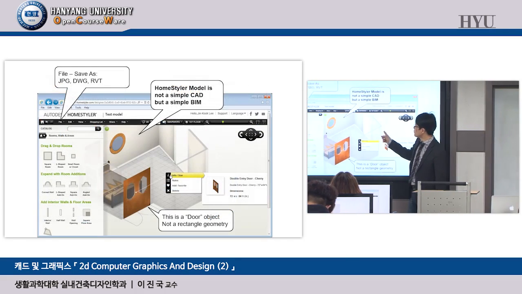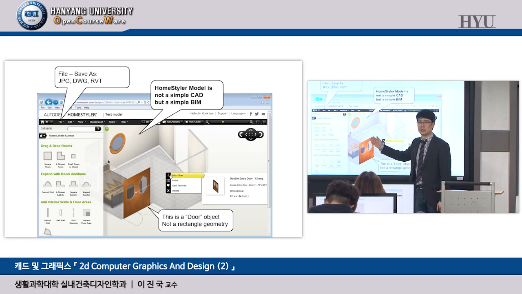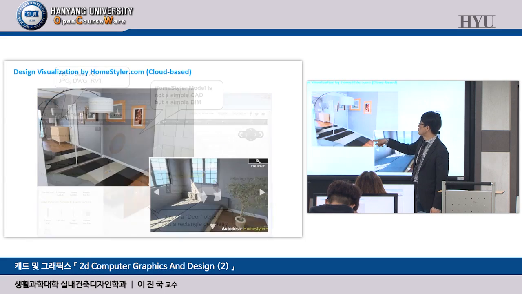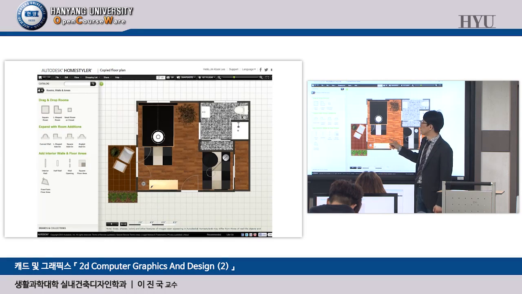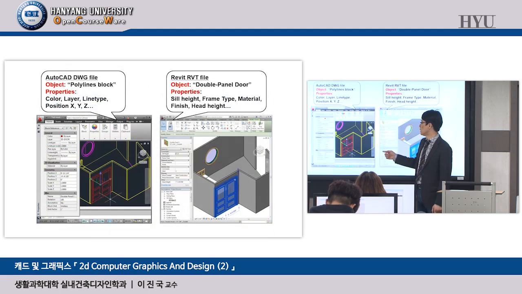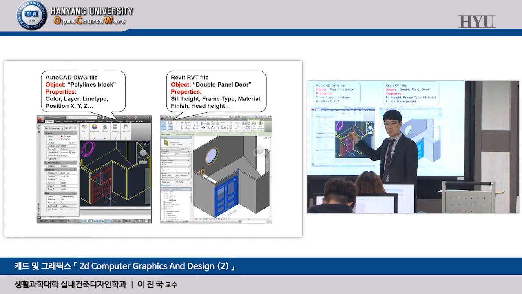For example, this one is a Homestyler 3D design in 3D view mode, or you can open this one in 2D mode, okay? This is 2D mode. In 3D mode, if you request an AutoCAD file, you can download this file, okay? An AutoCAD generated drawing file.